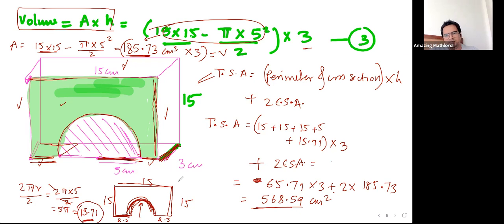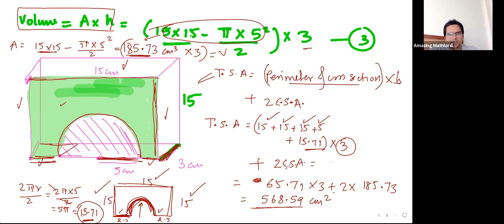Now if I put this in the formula, the perimeter of cross section is 15 plus 15 plus 15 plus 5, I'm doing so in order to get these two combined together, and plus 15.7. So the perimeter of cross section I calculated, times height. That's this one.